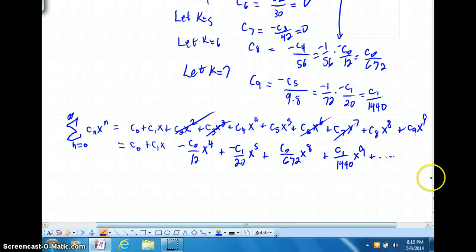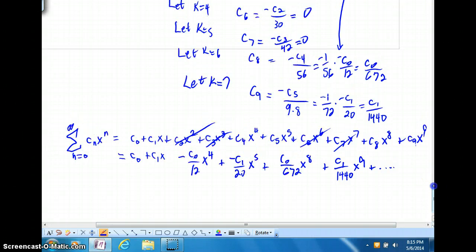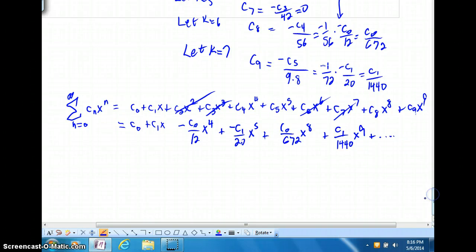But there are a couple of ways that we can generate this. And what the author suggests is, and of course you can just see what's happening, we could say, what if we let c sub 0 equal 1 and c sub 1 equals 0?